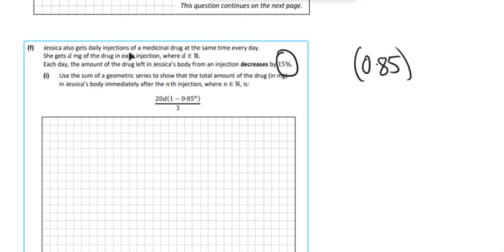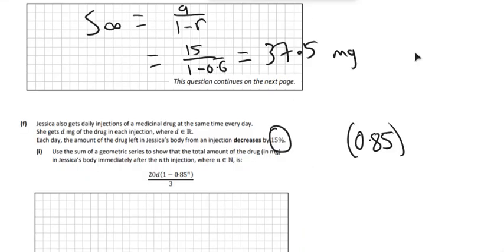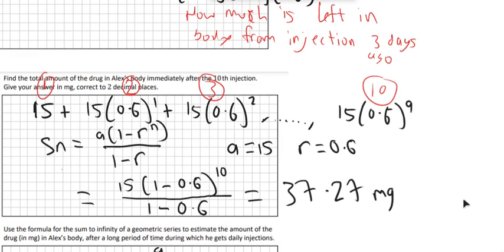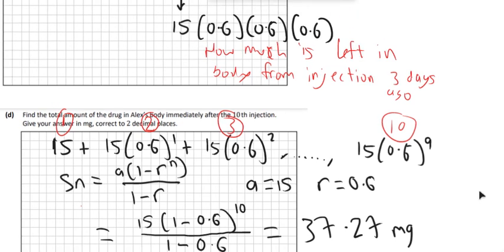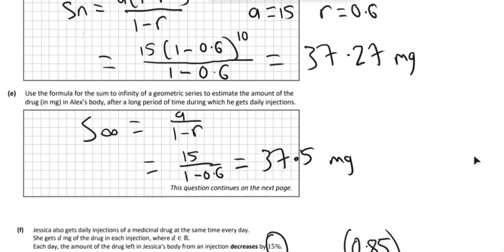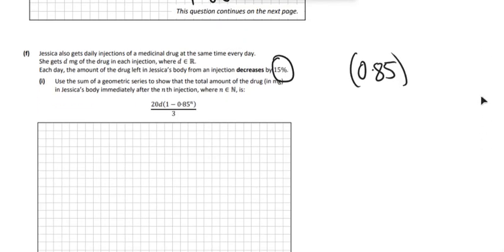Just reading through the question again, she also gets daily injections every day. She gets D milligrams of the drug in each injection. So it only tells us D. At the start of the last question we were told that person got 15 in each injection. Now we're just told that she got D.